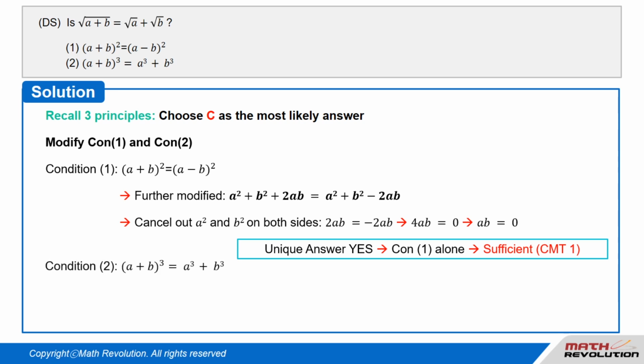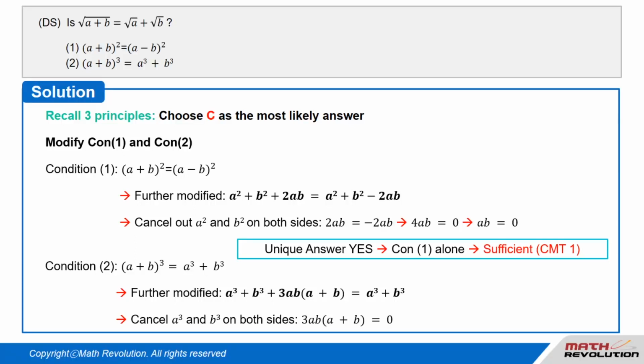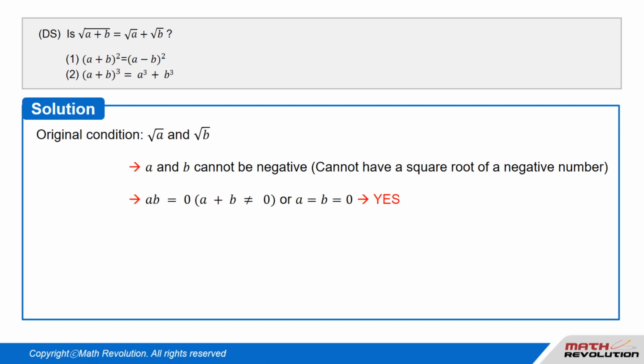Condition 2 tells us that (a plus b) whole cubed equals a cubed plus b cubed. This can be modified to a cubed plus b cubed plus 3 times a times b times (a plus b), which equals a cubed plus b cubed. We cancel out a cubed and b cubed, and we get 3 times a times b times (a plus b) equals 0. Now the original condition talks of square root of a and square root of b, so a and b cannot be negative as we cannot have a square root of a negative number.